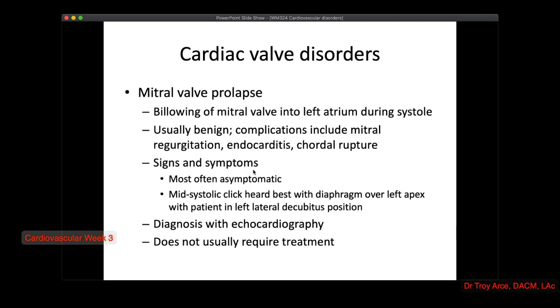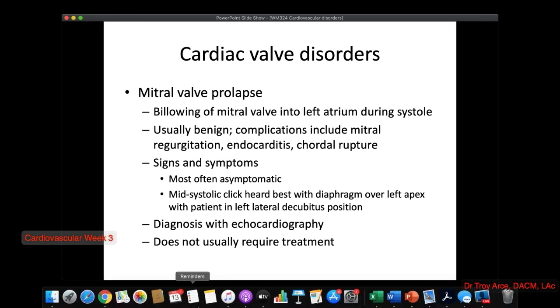Let's talk about mitral valve prolapse. Mitral valve prolapse is a billowing of the mitral valve into the left atrium during systole.